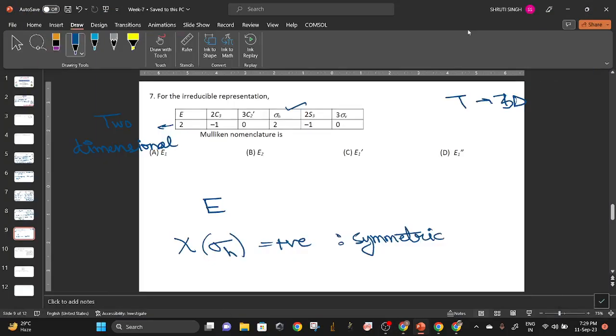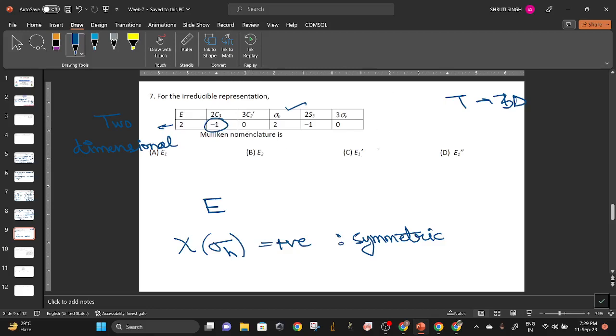There is something wrong either here or in that assignment. If it is 1, it means it is symmetric with respect to C3, which is not the case. It is antisymmetric here.